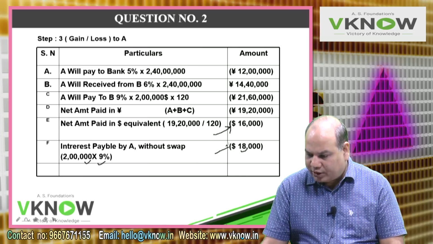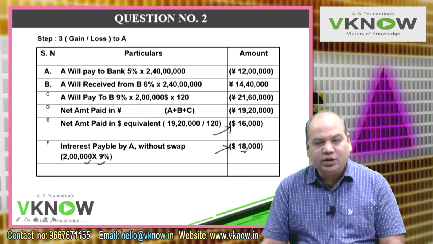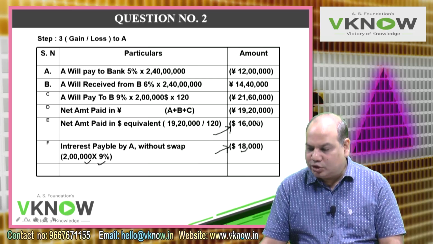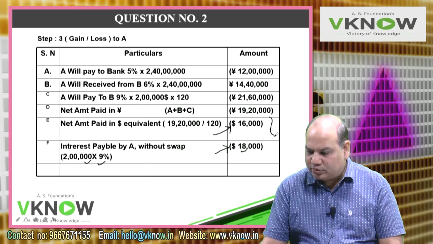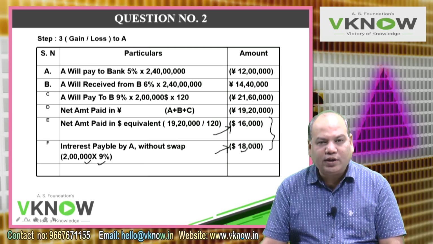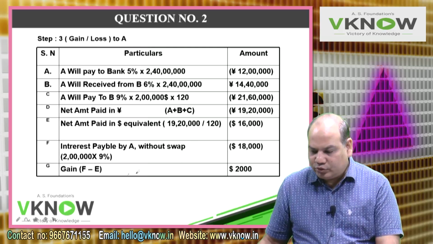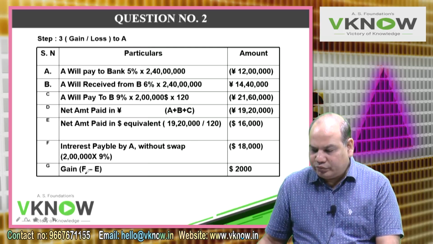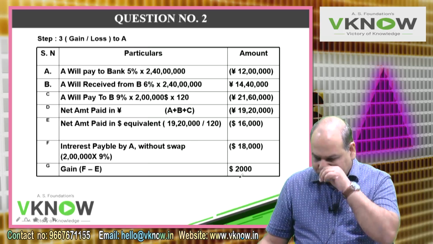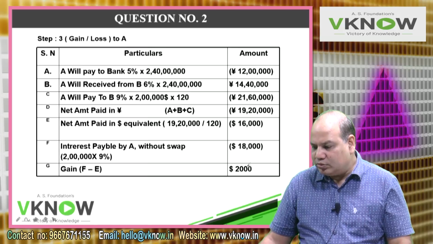You would have paid $18,000. So how much did you save? Simple common sense. With swap deal we are paying 16,000. Without swap we would have paid 18,000. So we save $2,000. So the answer is gain $2,000. Just compare the two and write down.